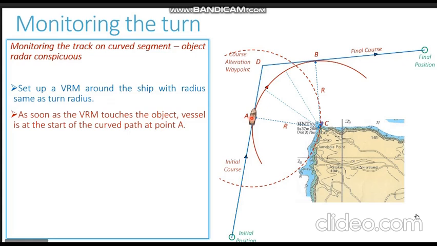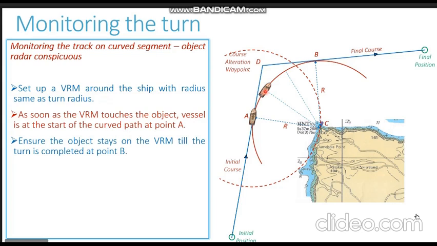Now moving ahead on the curved path, as the ship proceeds ahead at this particular location, we have to ensure that this particular lighthouse, the radar conspicuous object, always stays on top of the VRM. It should neither come inside the VRM nor go outside the VRM.